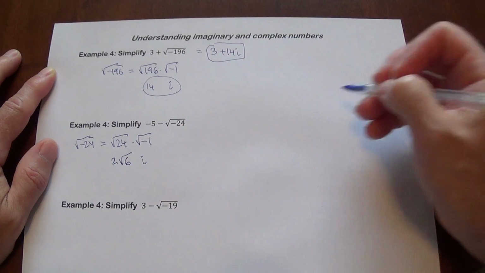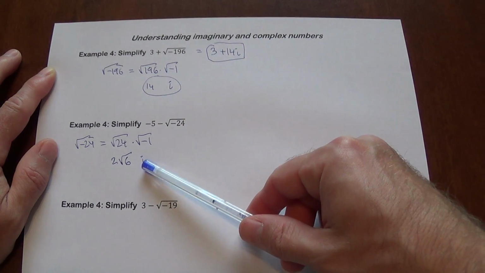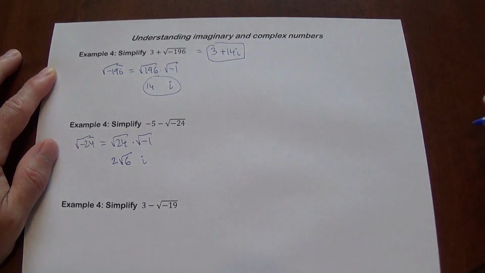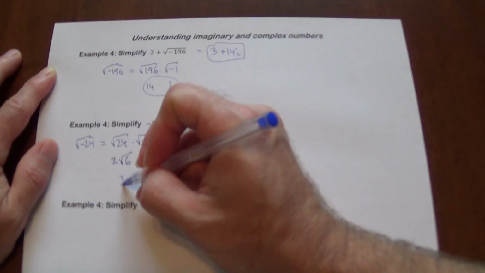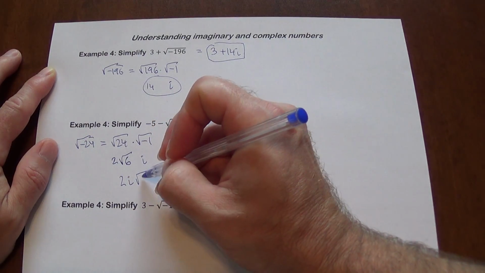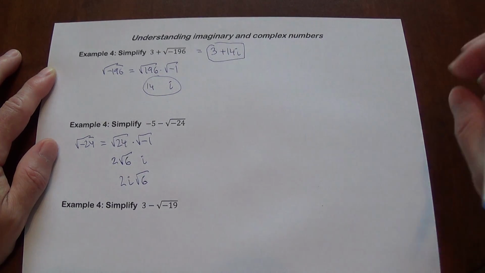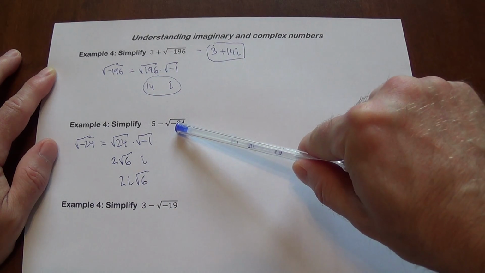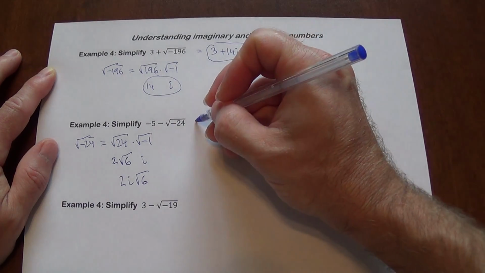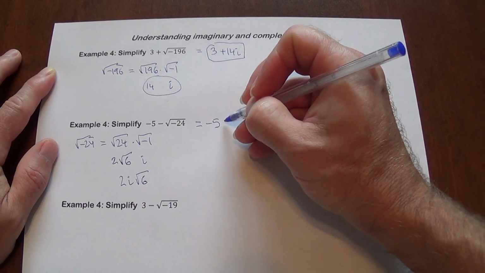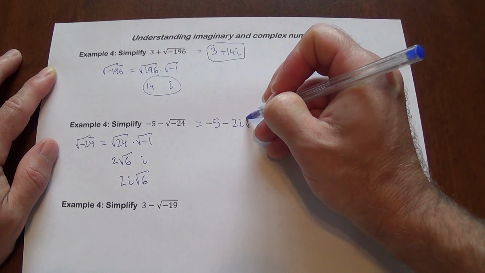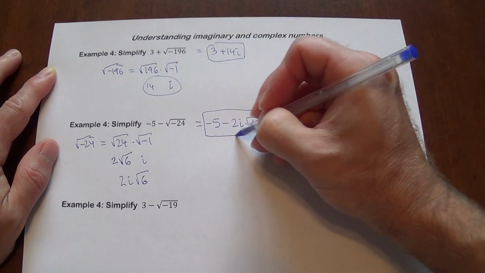And then you're going to have i. As I already mentioned earlier, i needs to go in front of the square root of 6. So we are going to write this part as 2i square root of 6. This is just a traditional way of writing that. So the whole thing will be written as negative 5 minus 2i square root of 6.